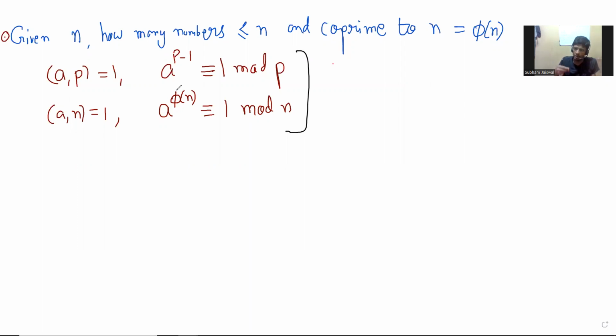At a particular time we have to put some a, but the good thing is that this is true for any a co-prime to n, and the power doesn't depend on a, right? Just like for Fermat's little theorem, the p minus 1 works regardless of whatever a you choose, other than the obvious exception that it cannot be p or 2p or a multiple of p. It works. That's the beautiful thing. That's why it's a theorem: something that works for a large number of statements.